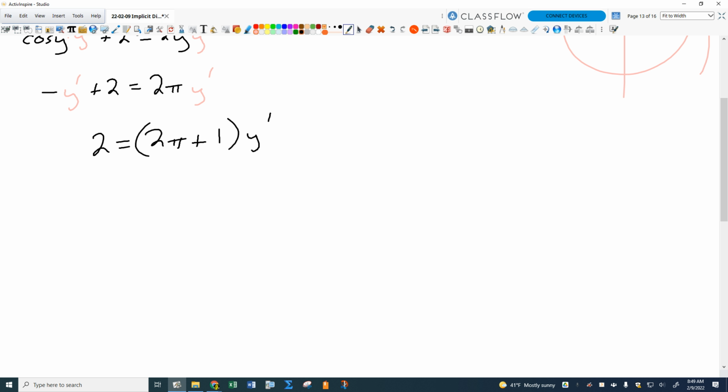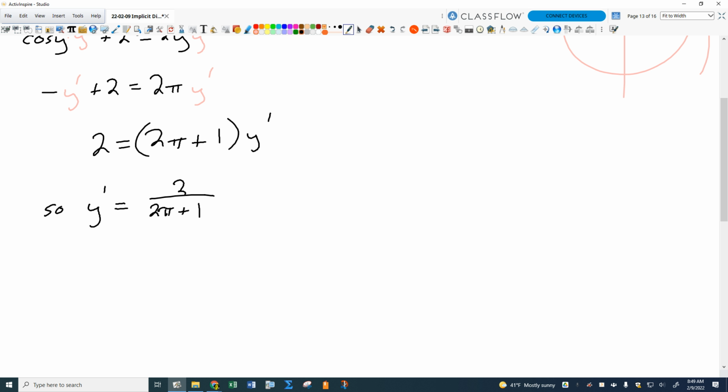Does that make sense? Okay. Divide each side by 2 pi plus 1, and we got it. So y prime equals 2 over 2 pi plus 1.